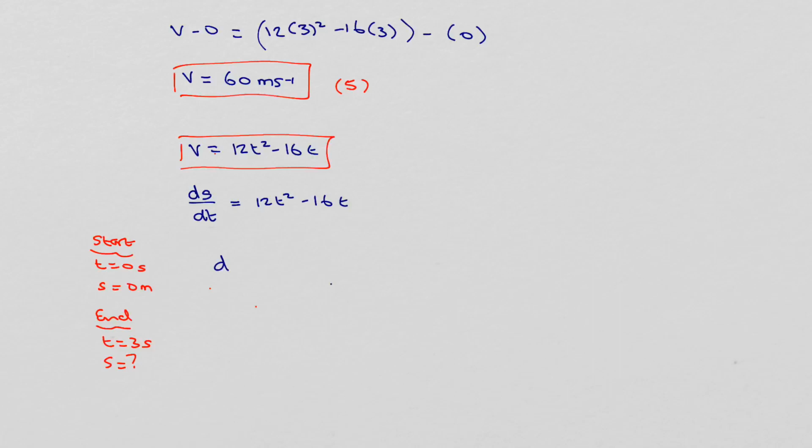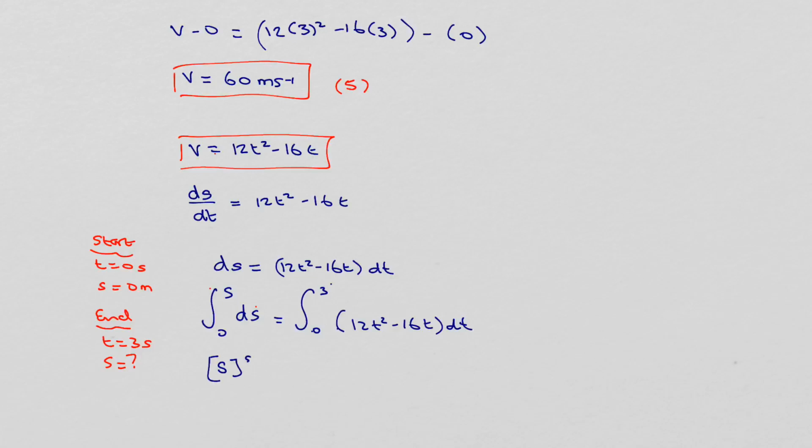So if I get all my s's on the left and my t's on the right, and I look at my limits, I'm integrating the left with respect to s and the right with respect to t. Then when I integrate the left, I get s within the limits of s and 0.